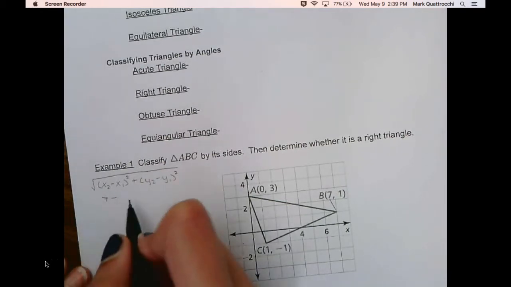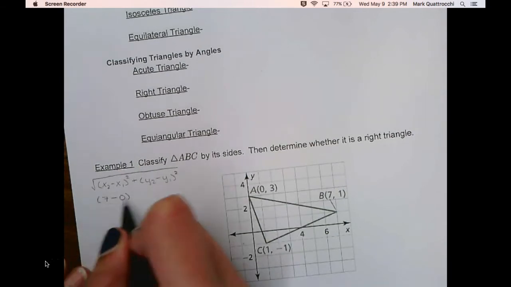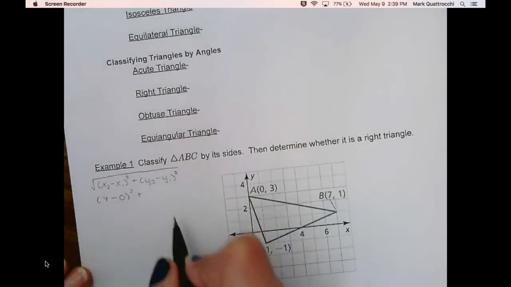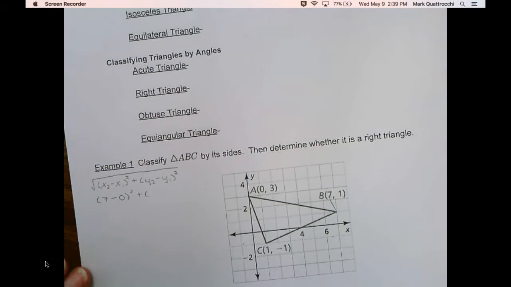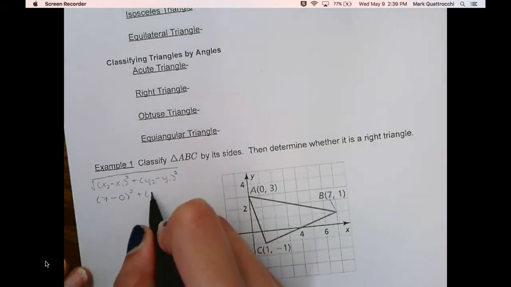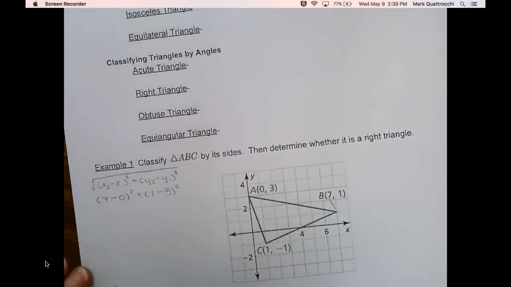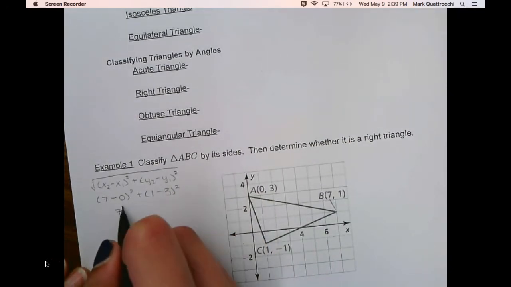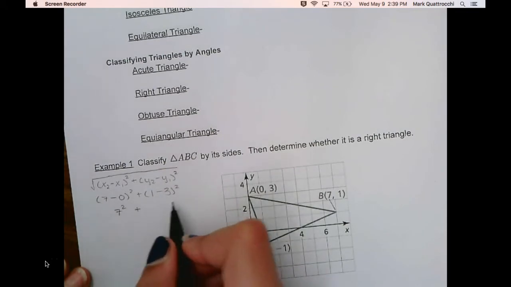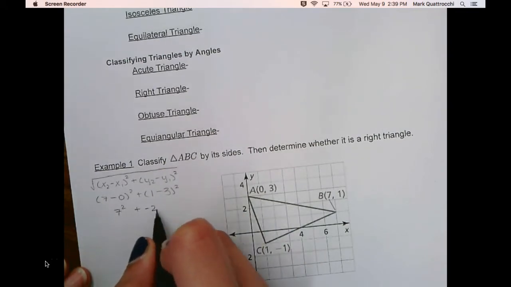7 minus 0 squared plus 1 minus 3 squared. So here we get 7 squared plus negative 2 squared.